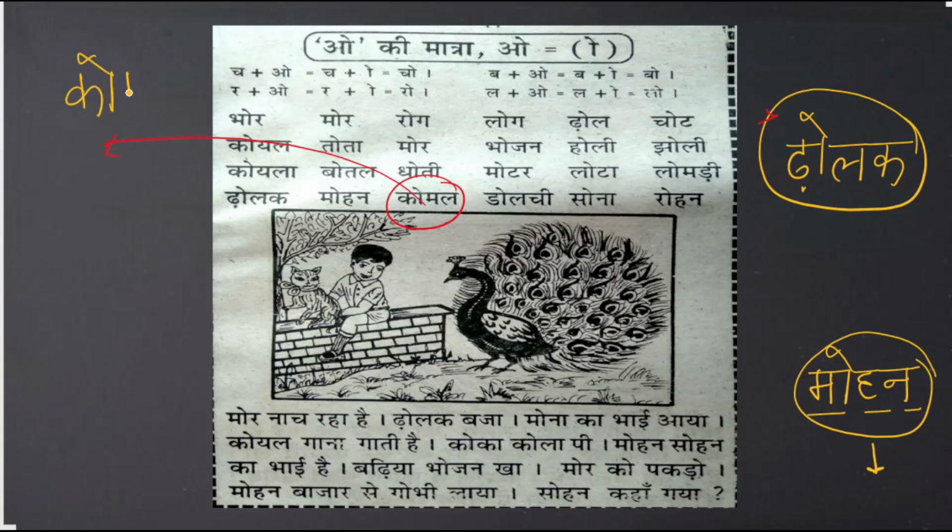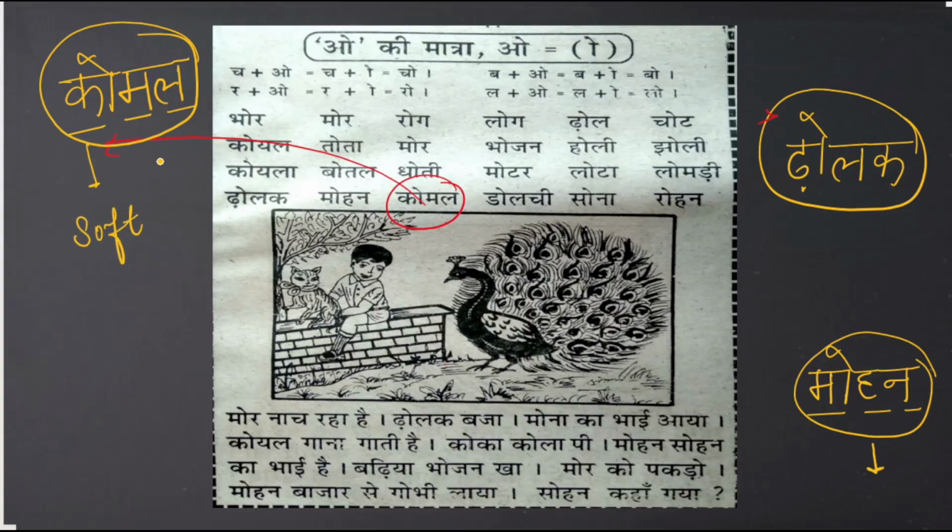Ka, the matra of O, ma, la, komal. Komal means soft. Da, the matra of O, la, cha, the matra of badi e.